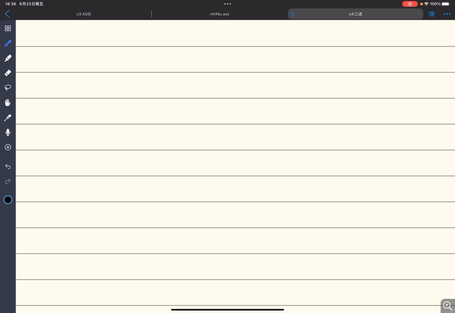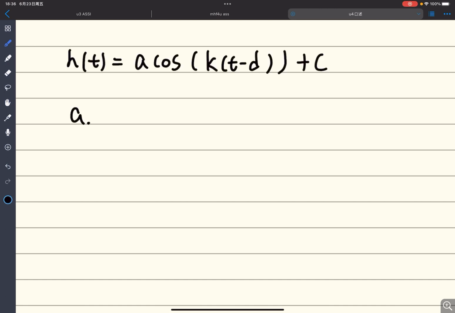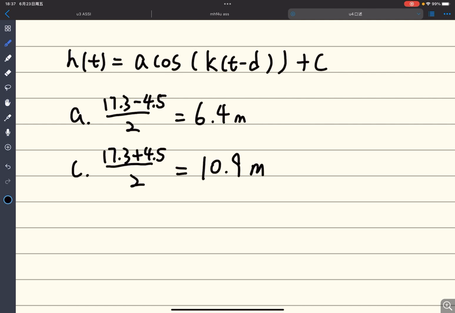Now let's talk about question 3. First, we need to determine the various parameters of the cosine function. The amplitude A is half the difference between the highest high water and the lowest low water, which is 6.4 meters. The vertical displacement C is the average of the highest and lowest tides, which is 10.9 meters.